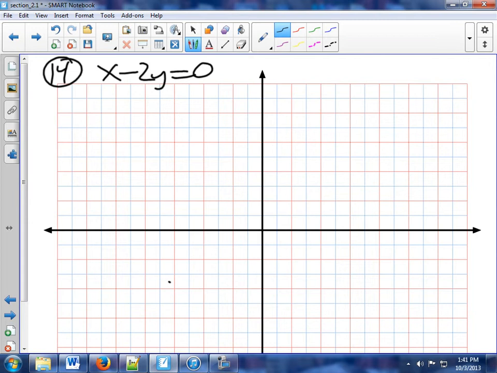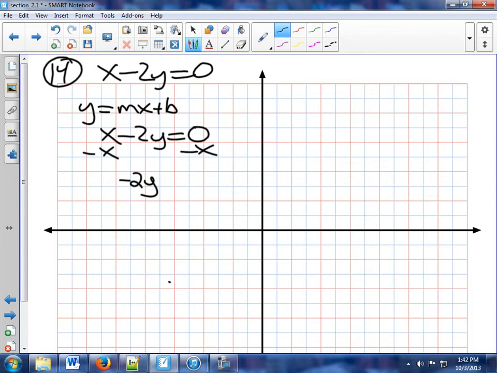Okay. So again, I have to get it into y equals mx plus b form. I need to move the x over. So I'm going to write it down again. Minus x, minus x. Now remember, bring the negative down with your 2. Negative x plus 0.